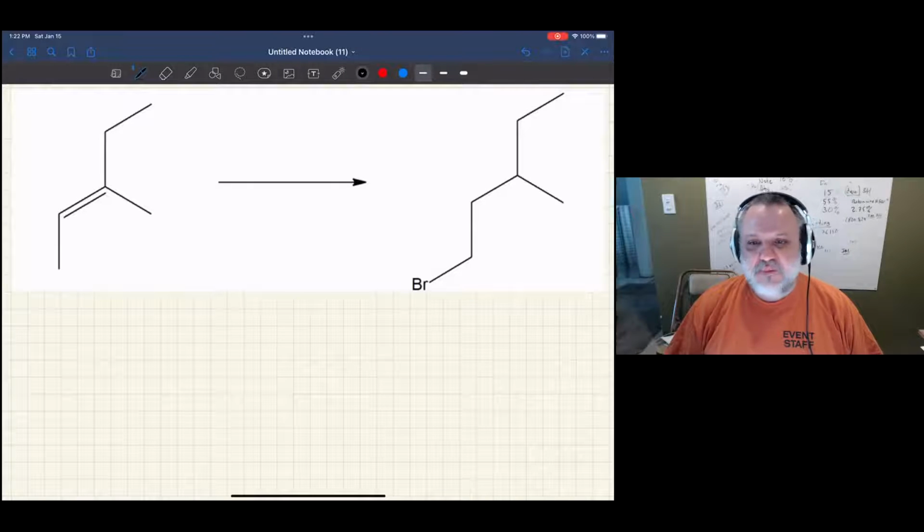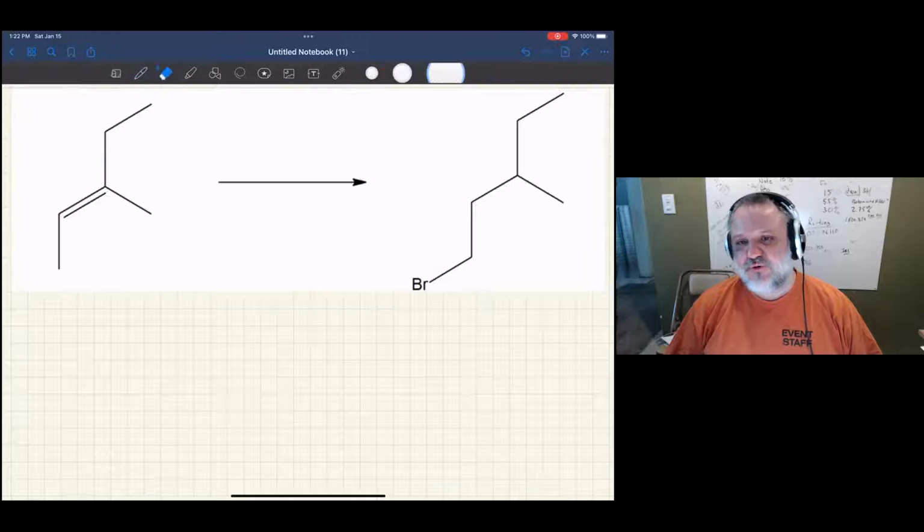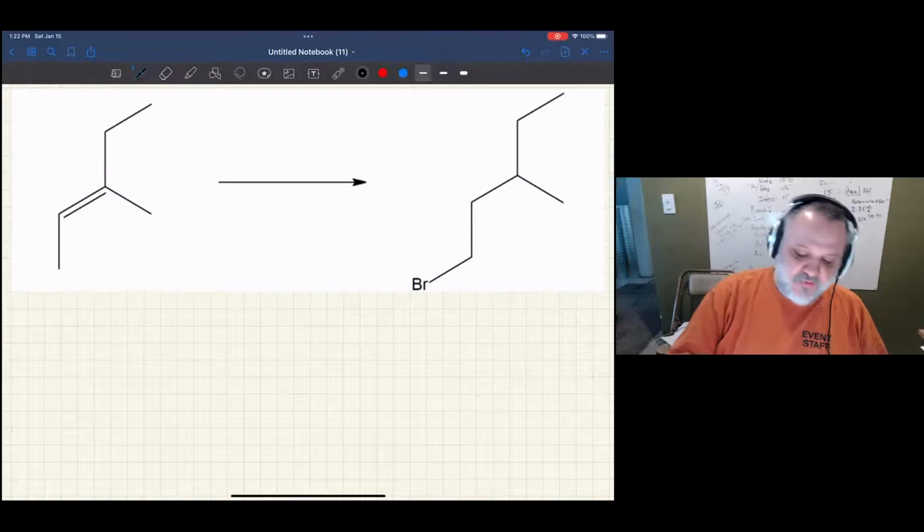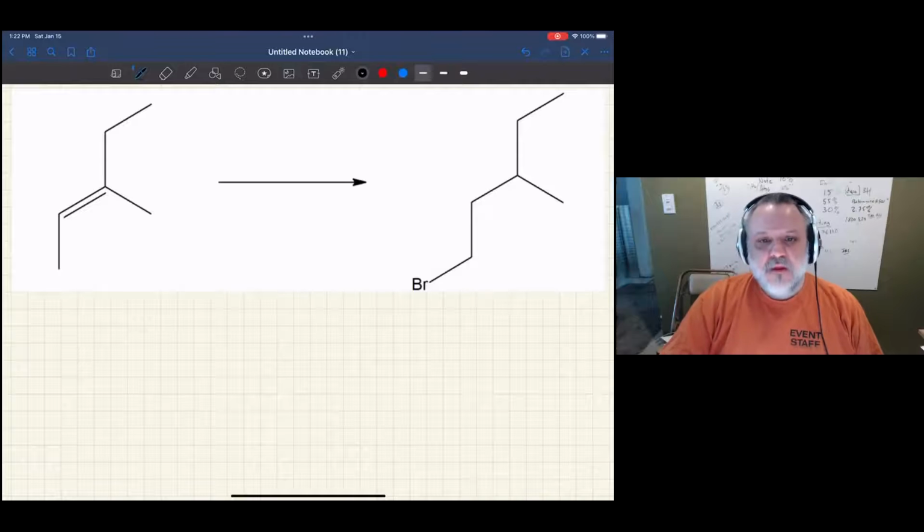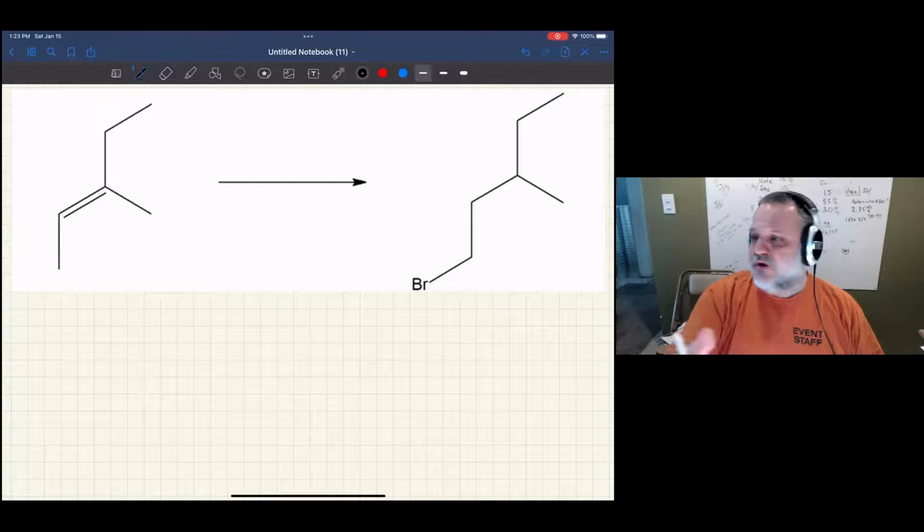So there are a couple of suggestions for how to tackle these problems. If you're really, really good and you know every single reaction backwards and forwards, then you might look at a synthesis problem like this and say to yourself, oh, here are the reactions.